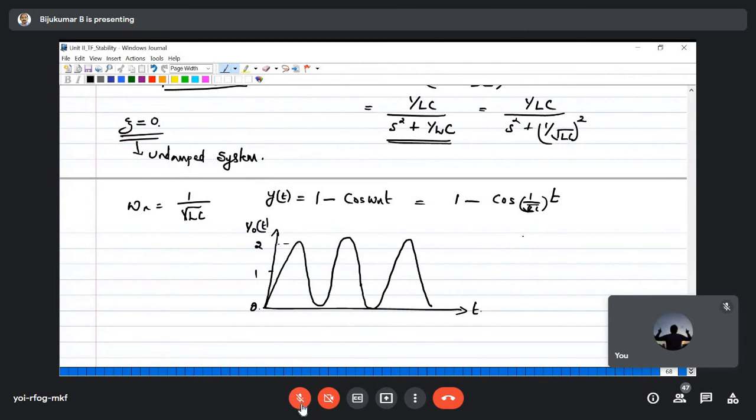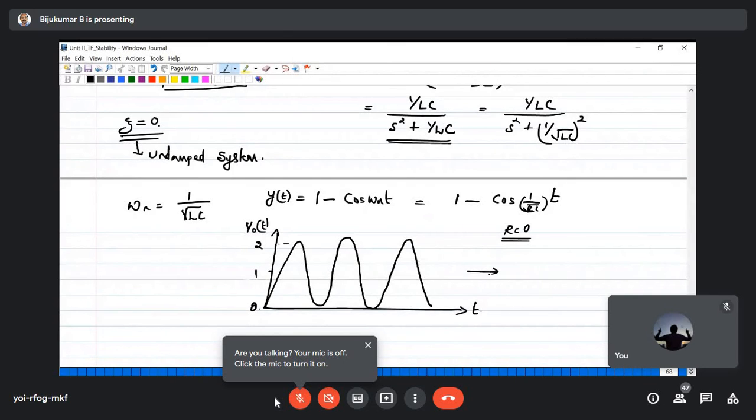Because here there is no energy dissipating element, right? First, the inductor will store some energy. After some time, this energy stored in the inductor will be transferred to the capacitor. Again, after some time, the capacitor will transfer this energy to the inductor. So there is no dissipating element, and it will be in an oscillating state. If you add some dissipating element, the energy will be dissipated in the element, and finally it will settle at some point. That is the meaning.